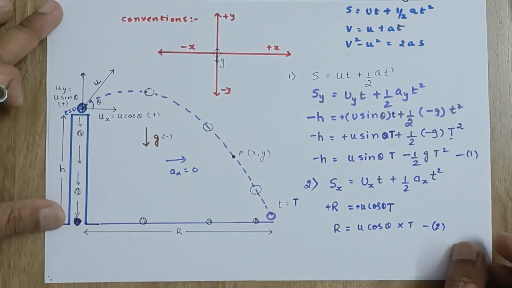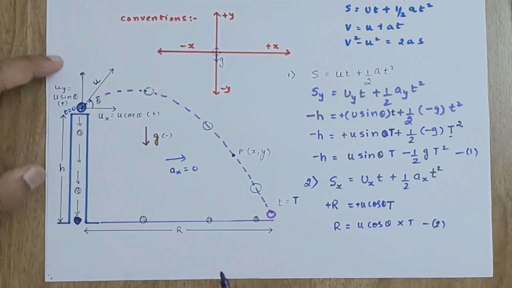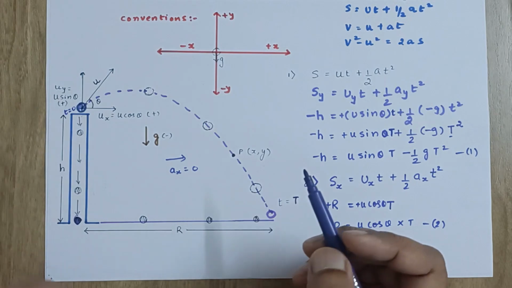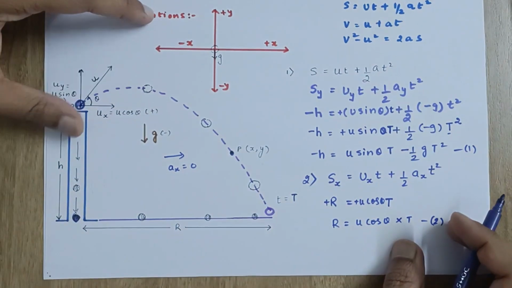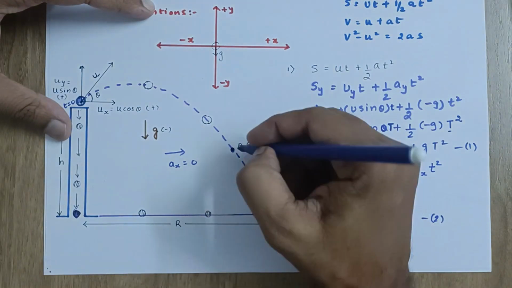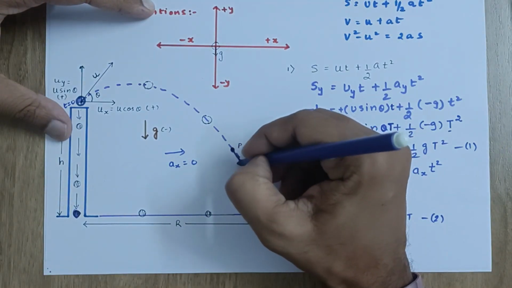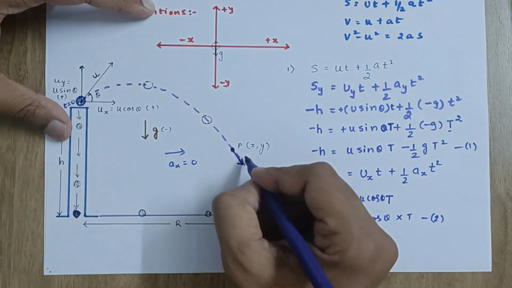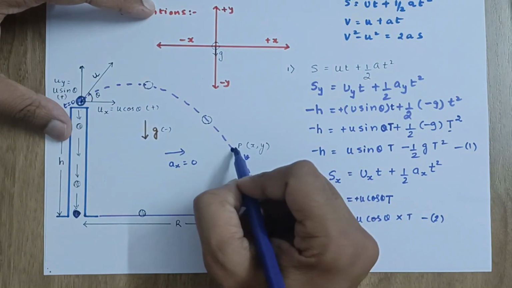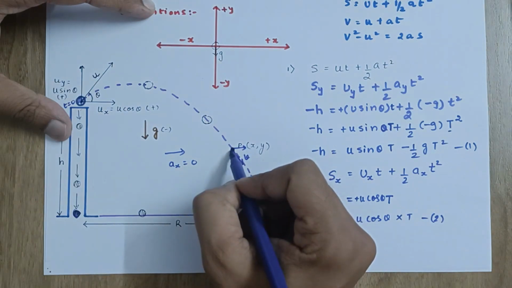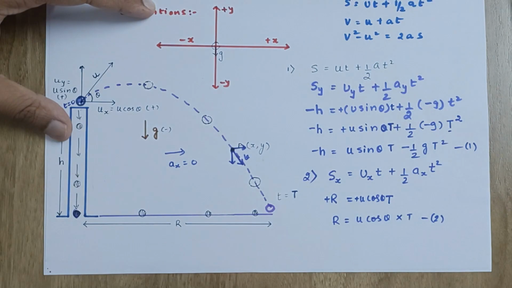All right. Now, the third thing is, suppose I want to calculate the velocity at this particular point. That's very easy. I do know that the velocity is always tangential. So this is our velocity. Now it will have two components, right? One component will be along the x-axis, another would be along the y-axis.